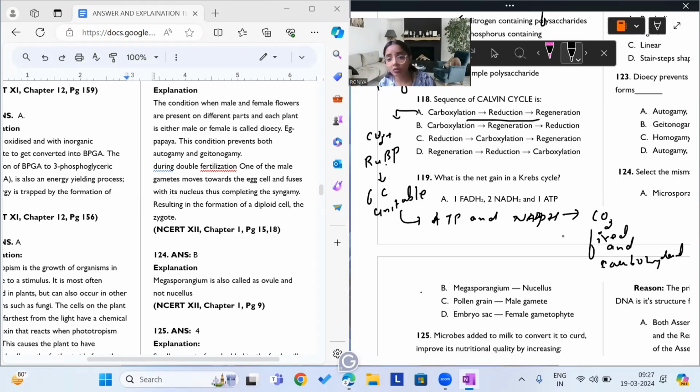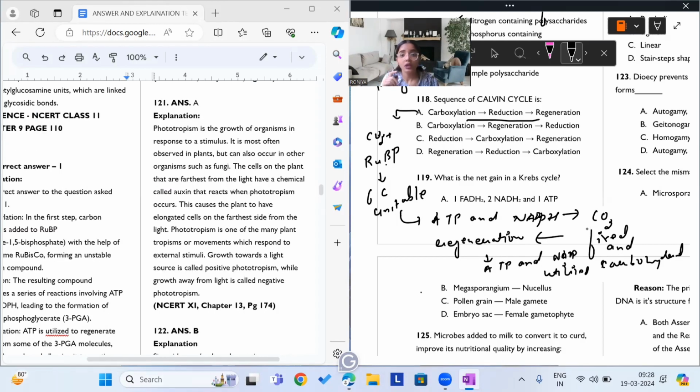And in regeneration, what happens? In regeneration, the ATP and the NADPH utilized in reduction are regenerated. Okay, understood. So the sequence of processes in Calvin cycle is carboxylation, reduction, regeneration.